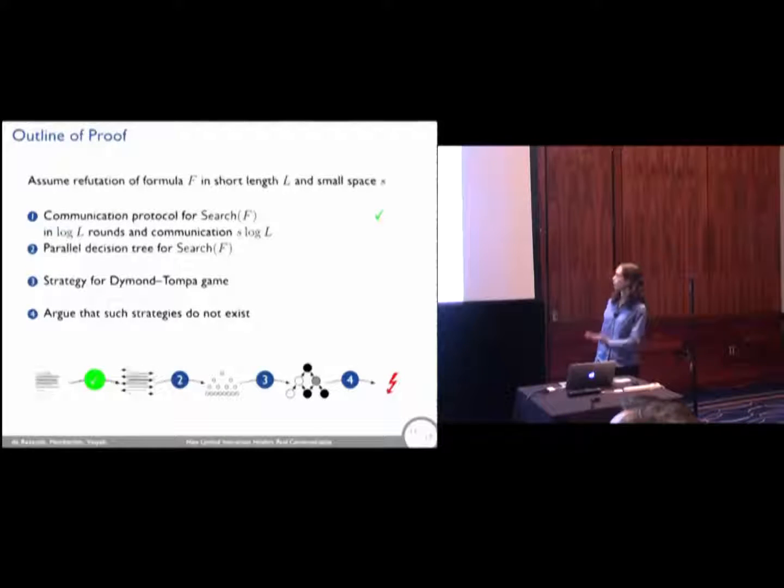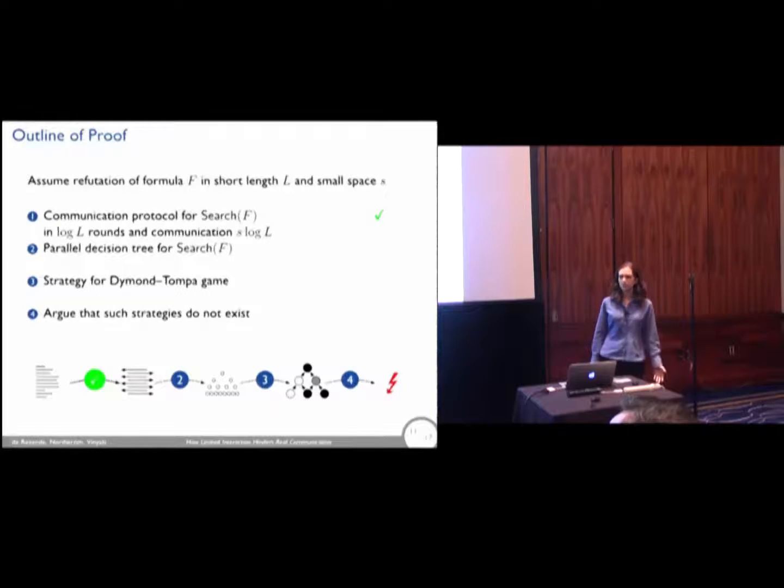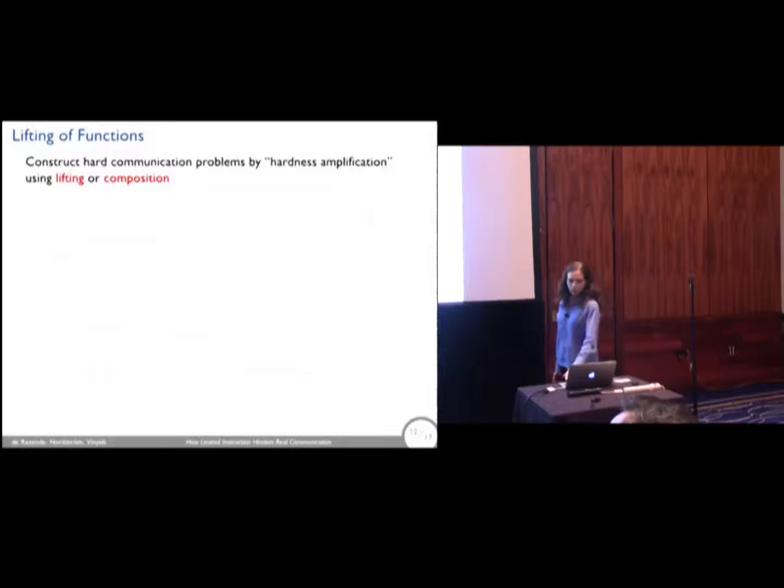So if we're given a refutation of length L and space S, we can get a communication protocol for the search problem in log L rounds and communication S log L. So now let's see the second point: from a communication protocol, how do we get a parallel decision tree? For that, we'll have to define the lifting function.